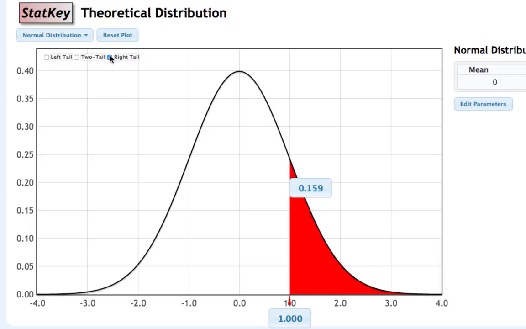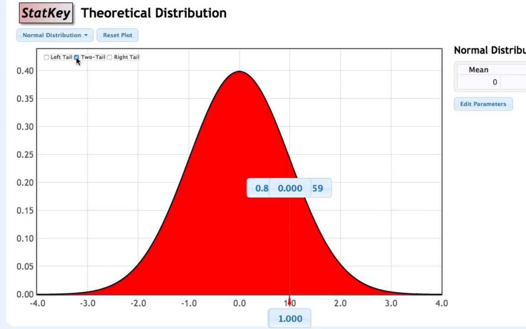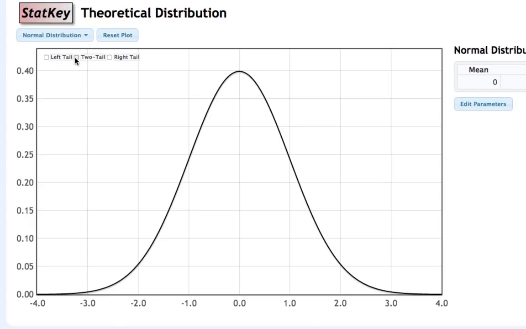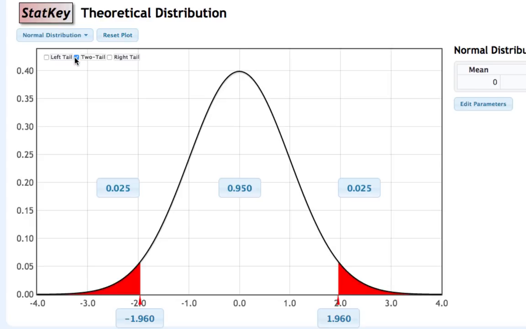StatKey also gives us options for two tails. Two tails are always going to be symmetrical. I'm going to reset the plot here because the proportions that we're actually looking at here are from the left and the right tail test that we've already done. If I reset it, click two tail again, it's going to give us the z-scores that separate the middle 95% from the outer 5% by default.